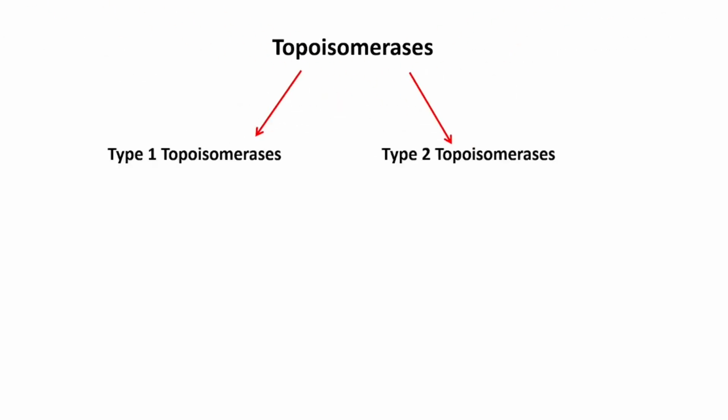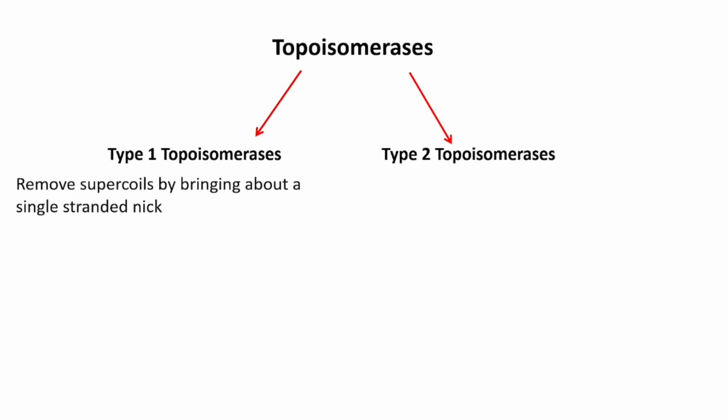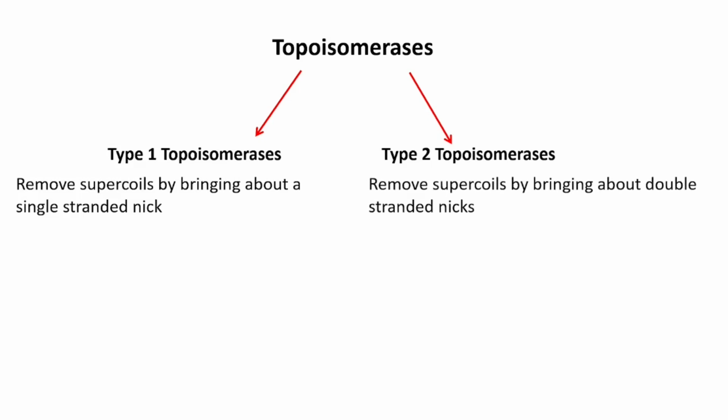Topoisomerases are classified into two types, type 1 and type 2 topoisomerases, depending upon whether they operate by causing single or double-stranded breaks in DNA. Type 1 topoisomerases, for example, the topoisomerase 1 of E. coli introduces temporary single-stranded breaks, whereas type 2 topoisomerases, for example, DNA gyrase of E. coli, breaks and reseals both DNA strands.